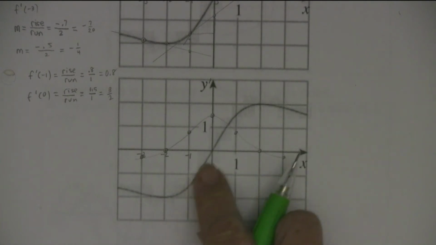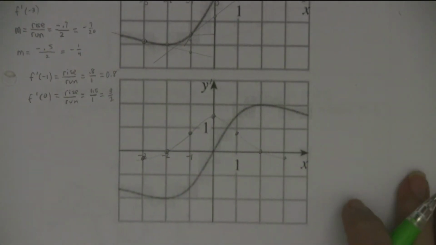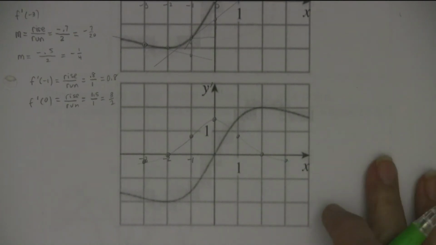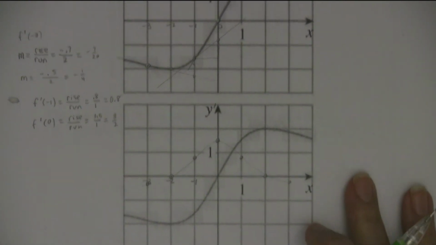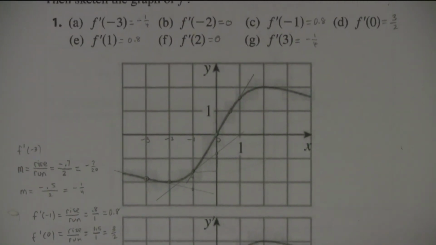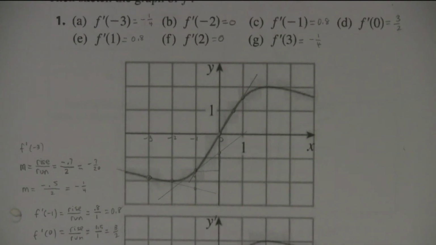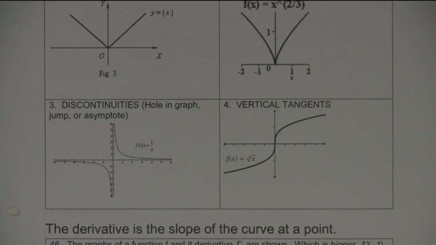So here's the function, and here is the derivative, kind of sketched in there. Okay, so that's all they were wanting us to do. They were wanting us to estimate, and why they want you to do this is they want you to get the idea that the derivative is the slope, so that you're estimating the slope at all of those points of the curve. So that's what they were wanting there.